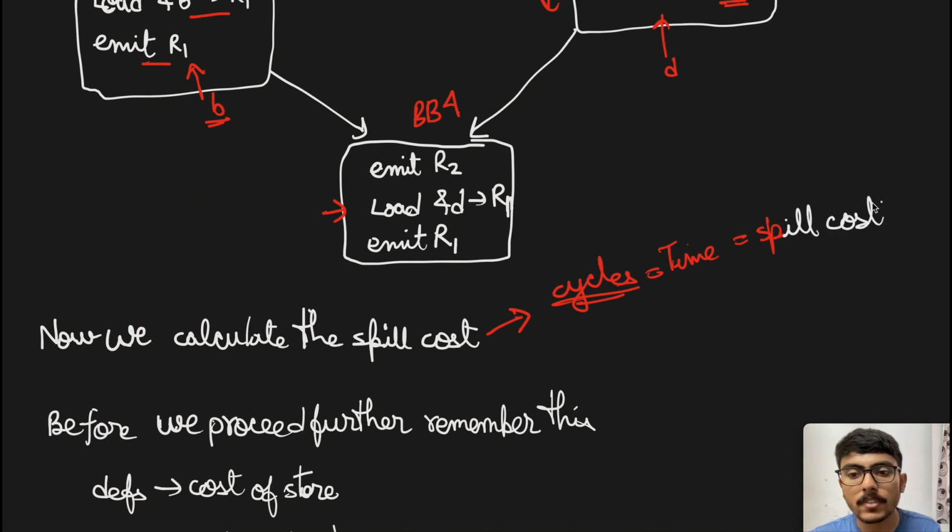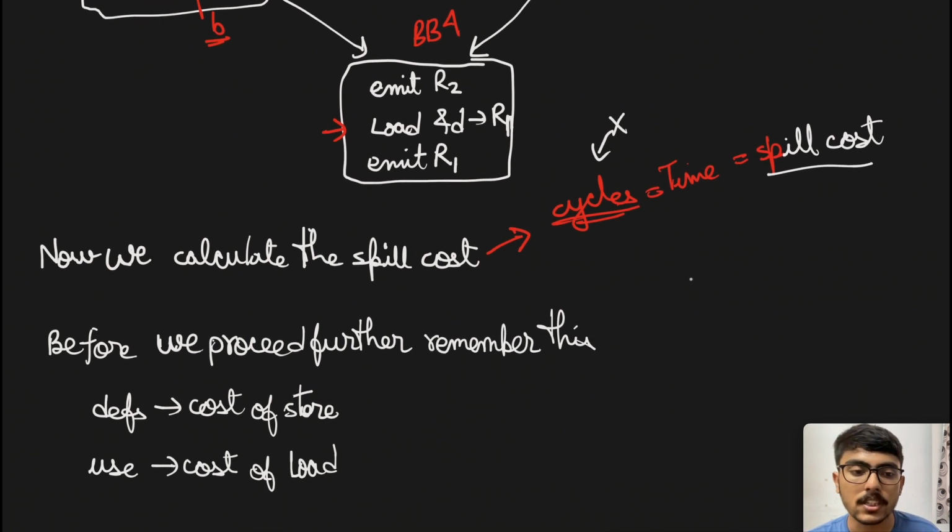Spill cost. So that time which is lost in the intermediate work, because this is not what the program tells you to do. The program tells you to perform the calculation which the CPU does, but all this intermediate IO, you can say, or the transfer of data from memory to register is being done to support the program. So that is the spill cost, right?